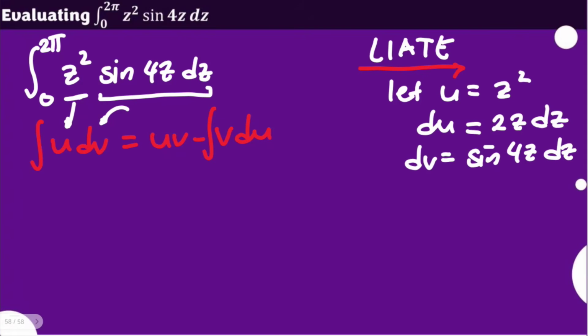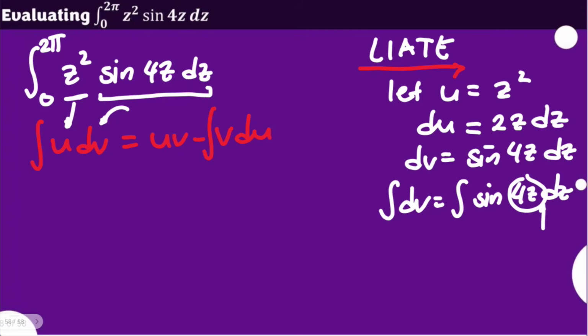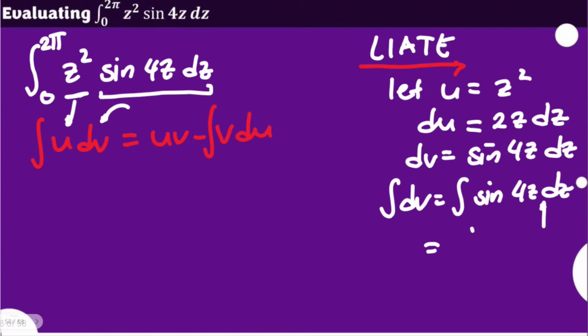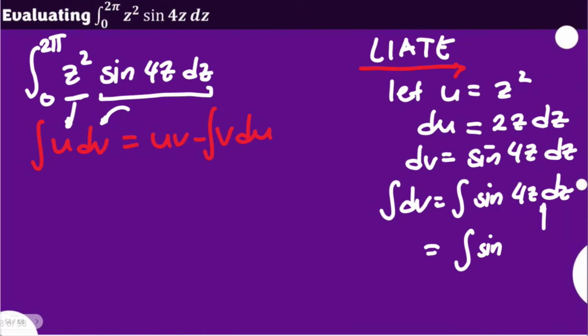To get the v, let's integrate that. So the integral of sine 4z dz would need us to include a certain constant. That's 4, because we need to have sine u du. So we'll have the integral of sine 4z times 4 dz.